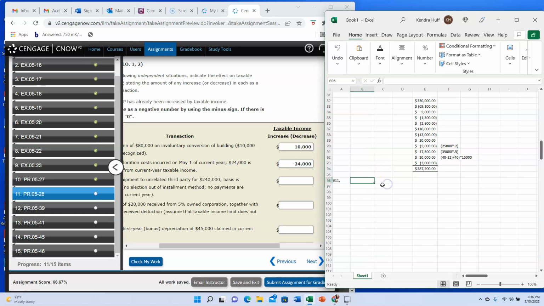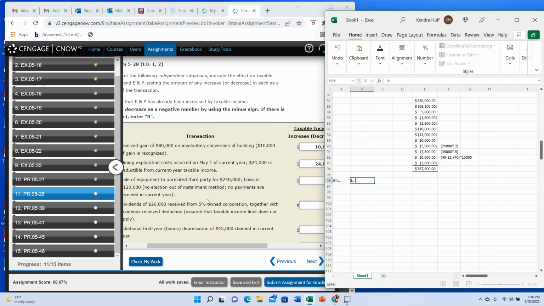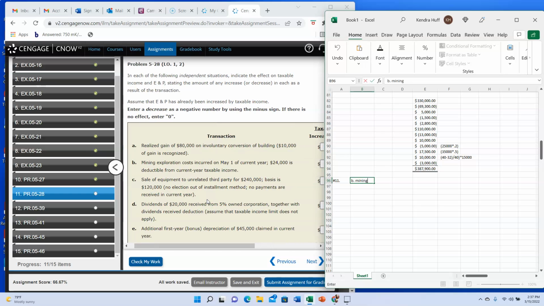For book purposes, so this is part B. Mining exploration costs are amortized over 120 months for E&P computation.